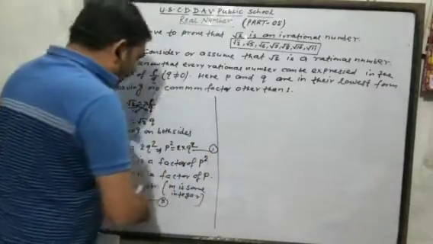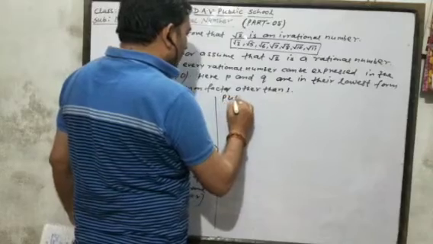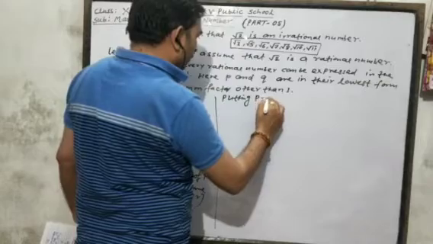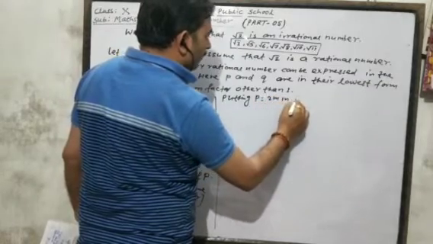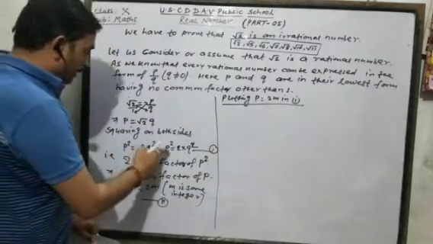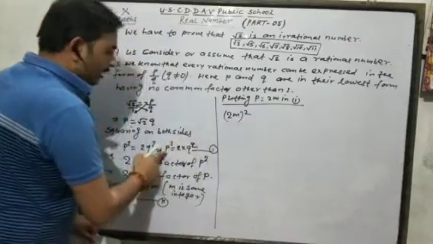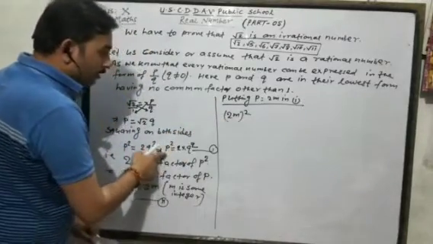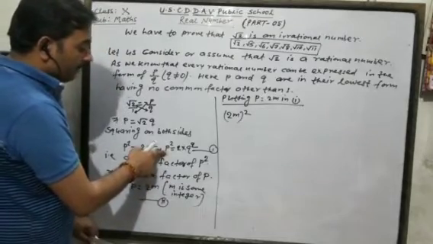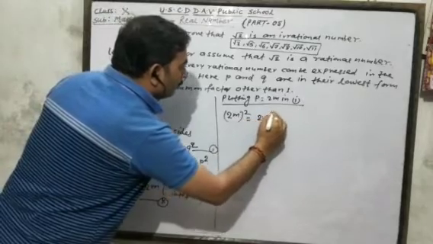Now put the value of p in equation first. Putting p equal to 2m in first, what will we get? We will get 2m the whole square equal to 2q square.